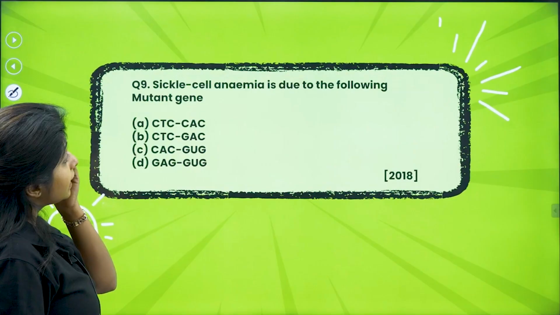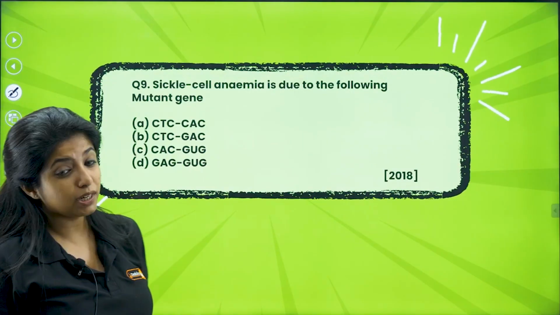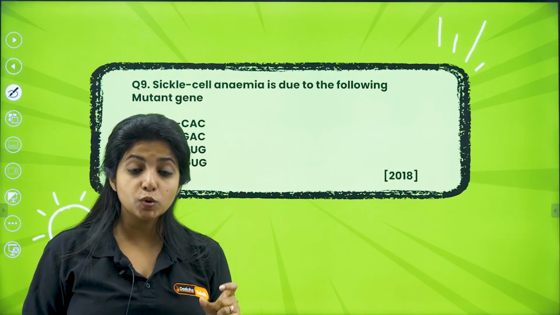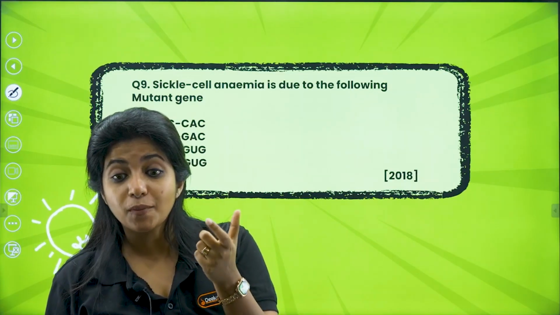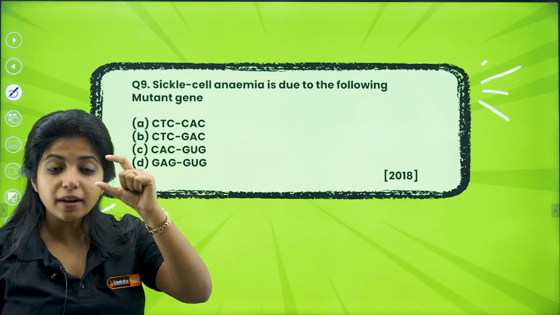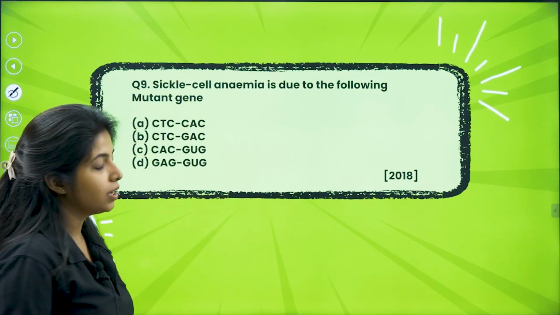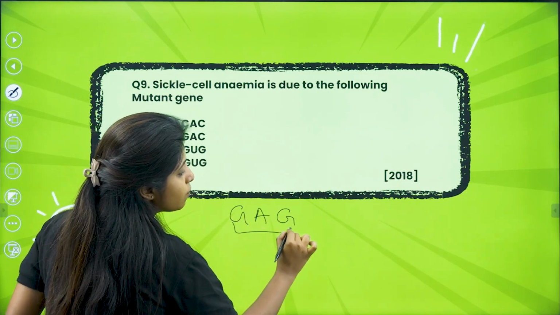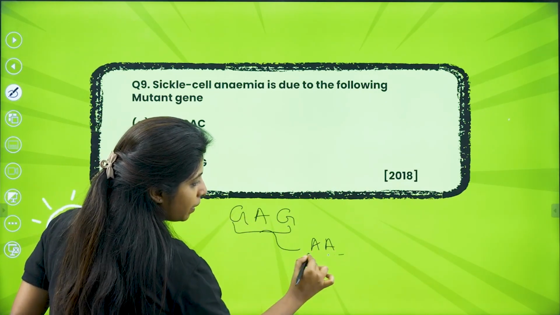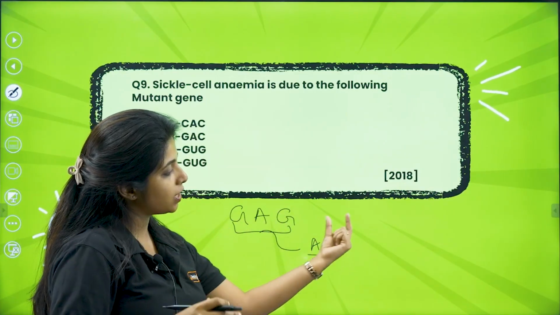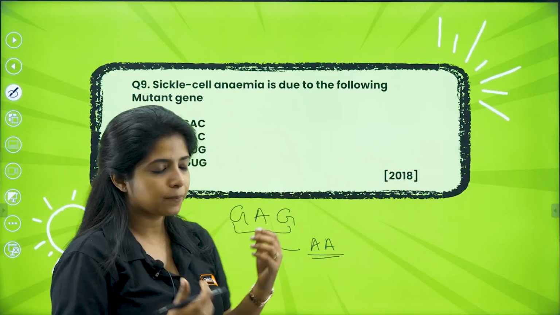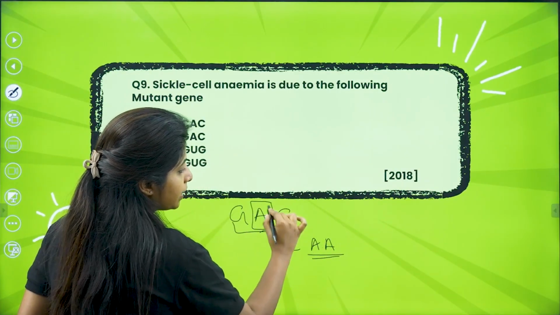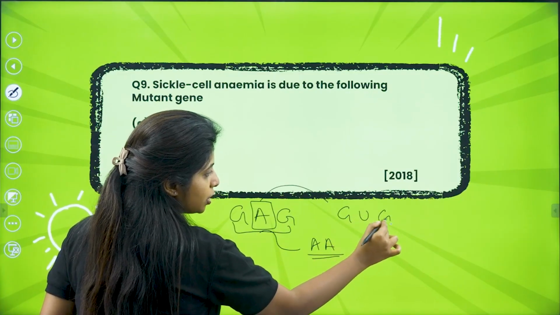Sickle cell anemia is due to the following mutant gene. Sickle cell anemia is an example of point mutation. That means only one single base pair is getting changed. Instead of having GAG, these are nitrogenous bases, which when they come together code for an amino acid. And when such amino acids are grouped together, it forms a protein. Over here, instead of A, it is replaced, giving GUG.